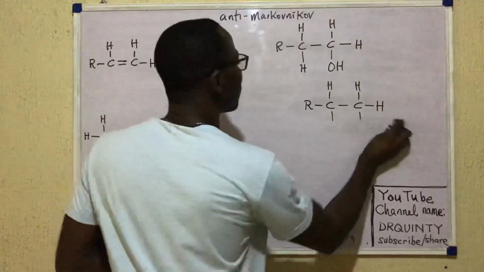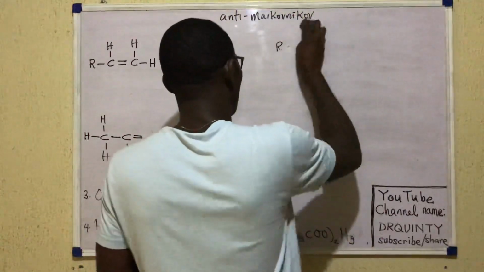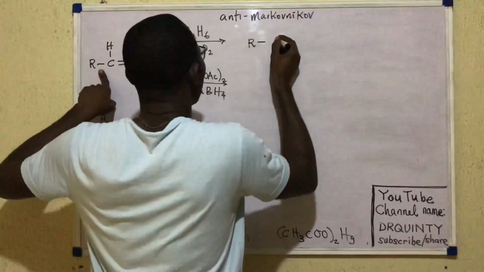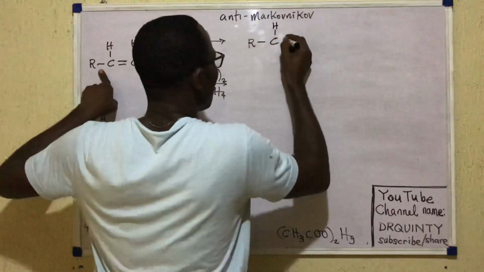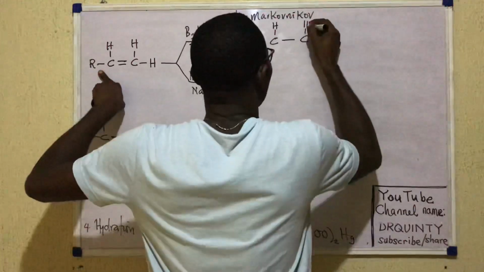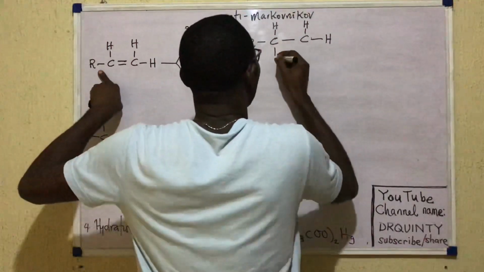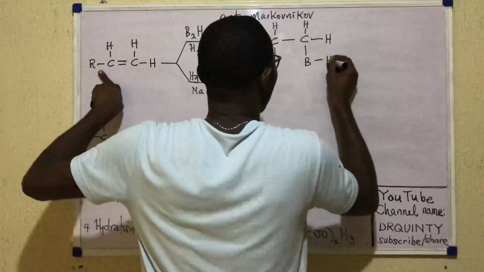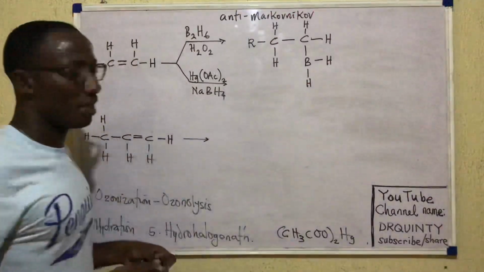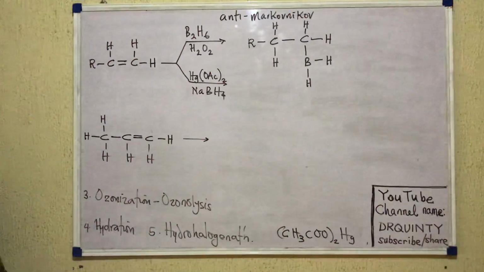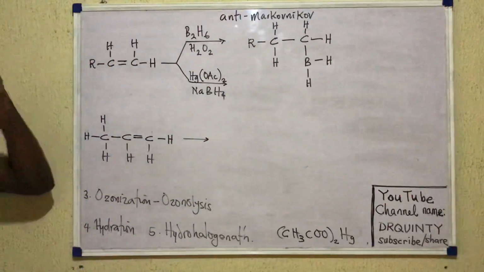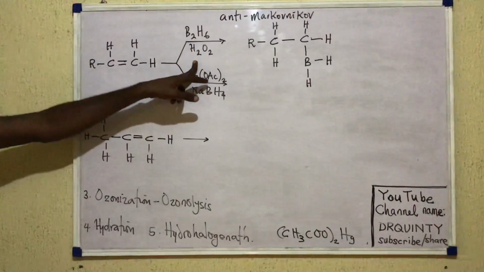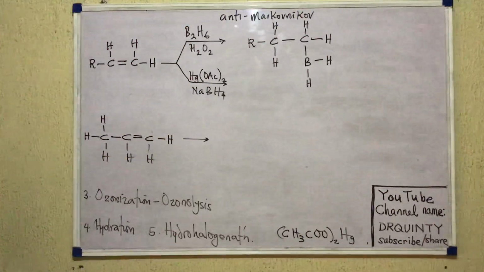For example, in the case of hydroboration, the intermediate product we get here would be R, C, H, C, this is H and this is H. Then down here I have H, and here I have B, H, and H. See that intermediate. So this is the intermediate you obtain when you carry out hydroboration before the oxidation by hydrogen peroxide, which gives you alcohol.